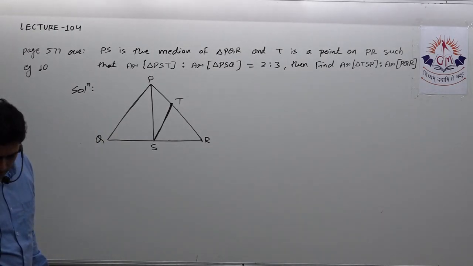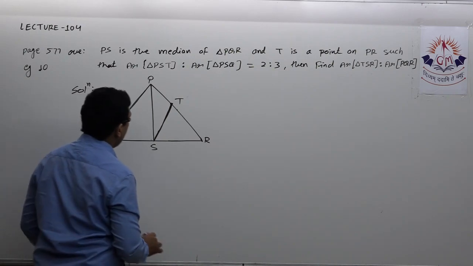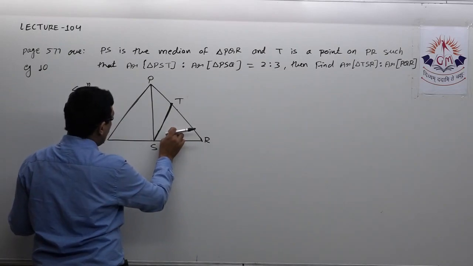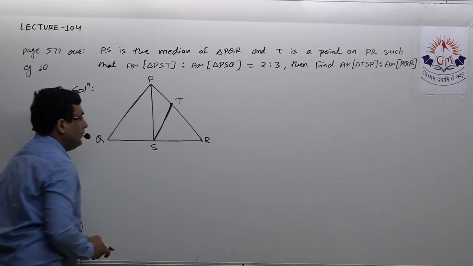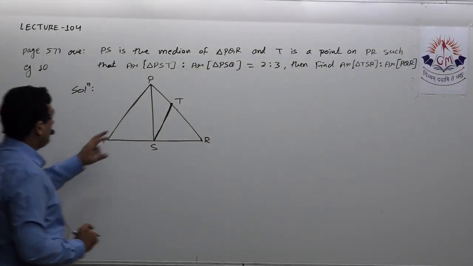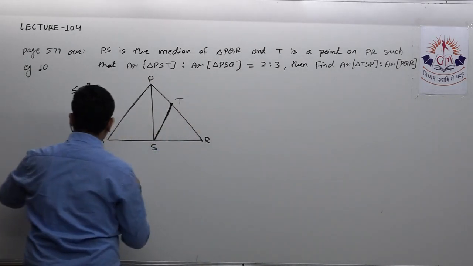Area of triangle PST is to PQS, yes, is 2 is to 3. So you have to find the area of triangle TSR is to area of triangle PQR. So let us see how to solve this. It is given the ratio of PST is to PSQ.